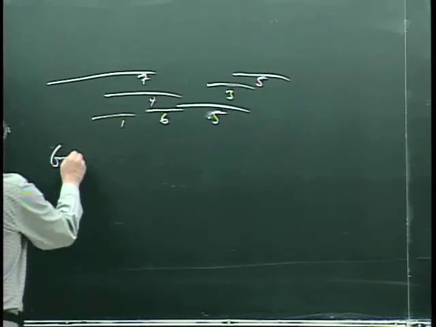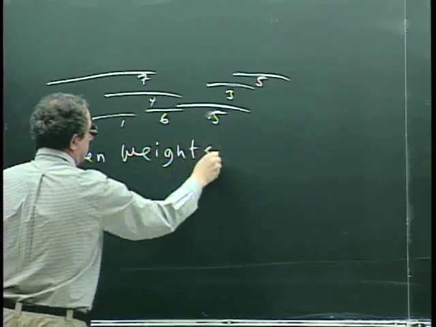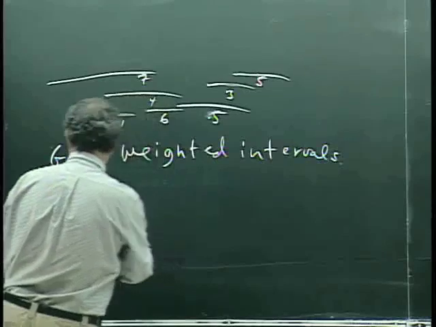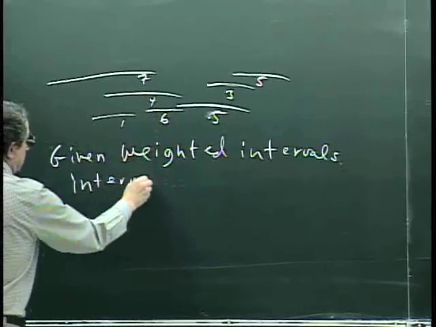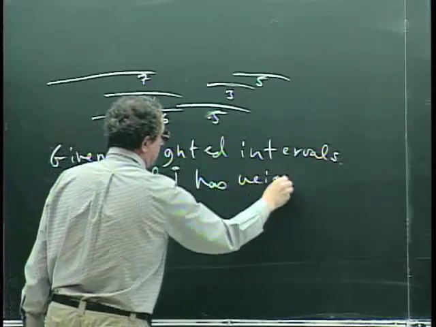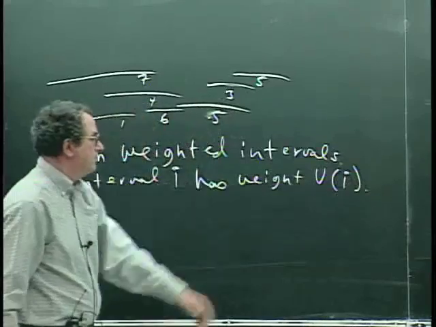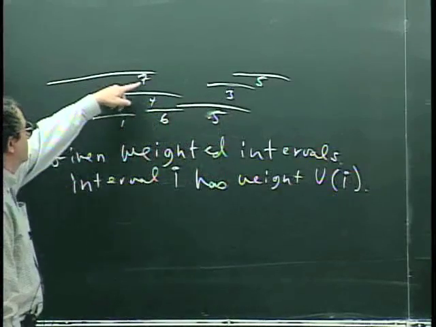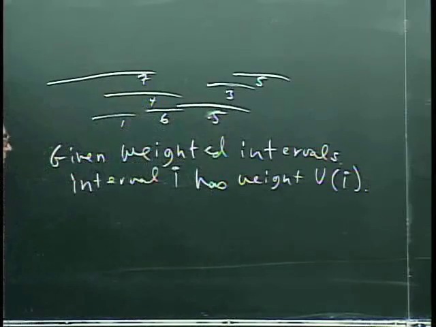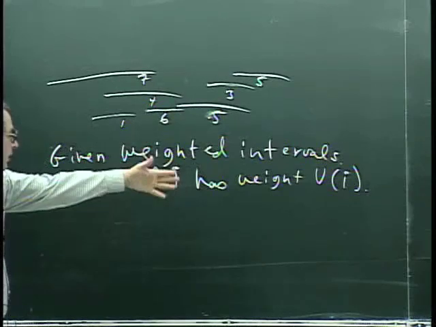So we're given, I'll call them weighted intervals. Interval I has weight or value VI. Okay, so this is just some number associated with interval I. So here's an interval, its associated value is 7. Here's an interval, its associated value is 5. Given weighted intervals, interval I has weight VI.